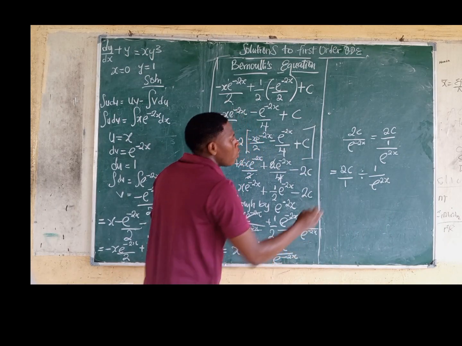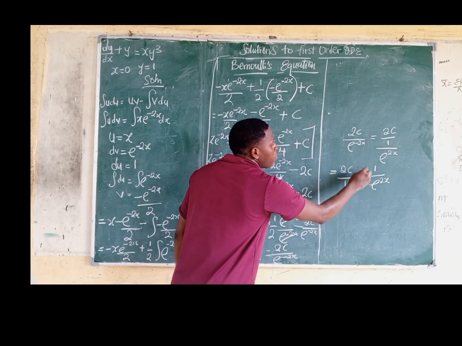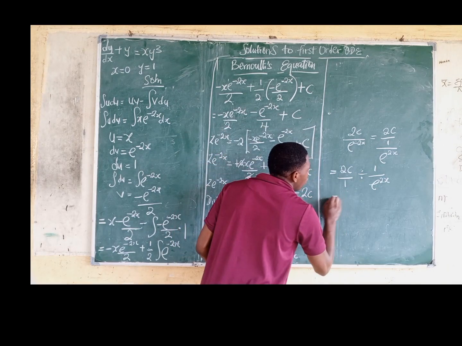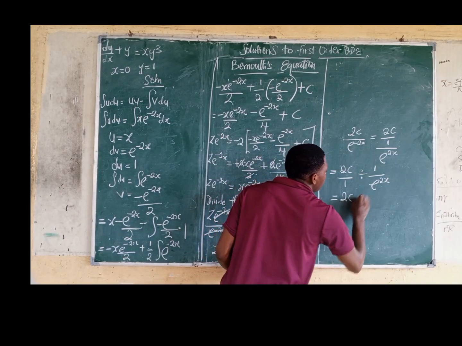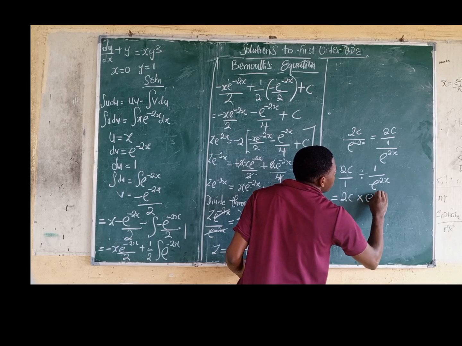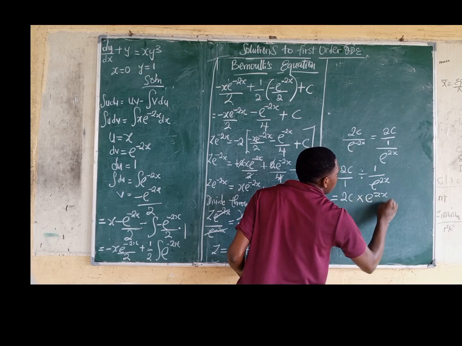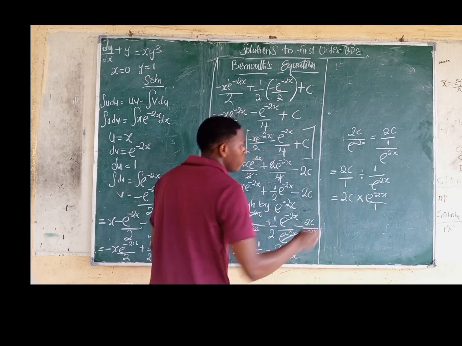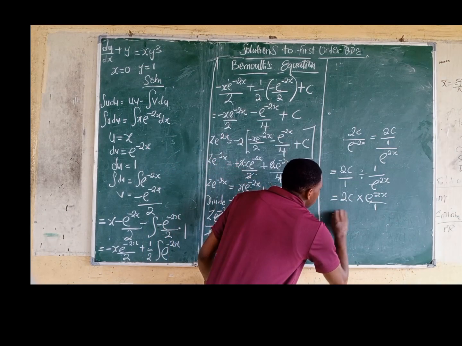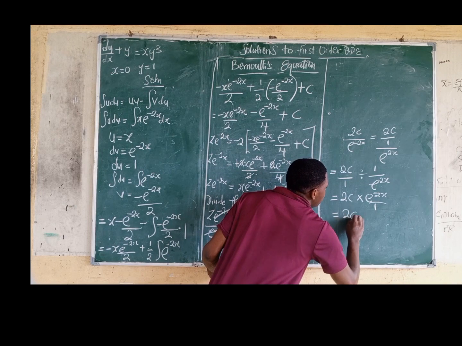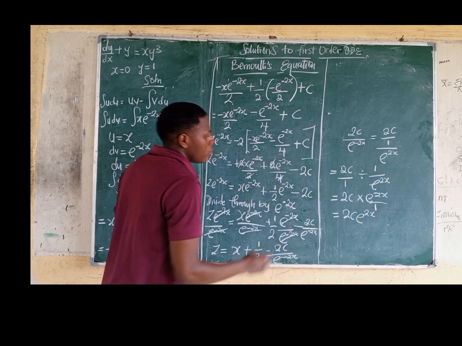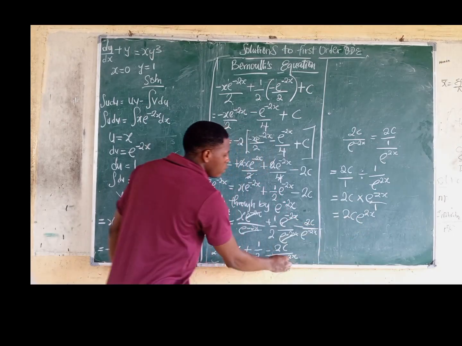We can put in a multiplication sign by inverting this. So if you do that, we have 2c multiplied by exponential 2x over 1. Now finally, this is multiplying, so you'll be left with 2c exponential 2x.